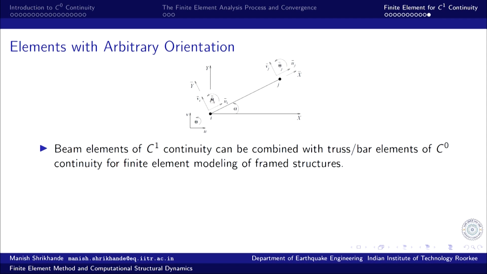Of course, transverse deformation. The Euler-Bernoulli beam element can only deal with transverse bending. So, axial deformation will have to be accounted for by using the truss element. So, beam elements of C1 continuity can be combined with truss or bar elements of C0 continuity for finite element modeling of the framed structures.